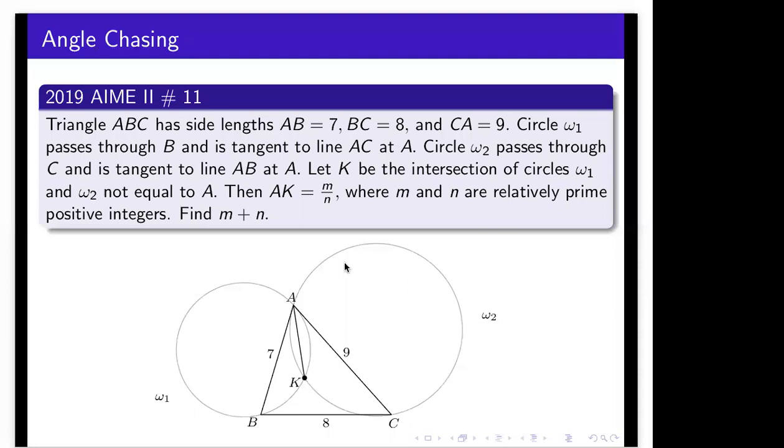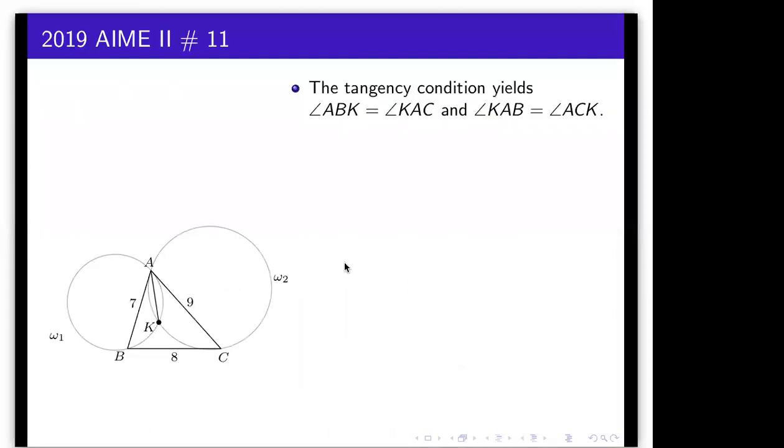Yeah, exactly. Because AC is tangent to omega 1, we have that angle ABK equals angle KAC because they both subtend the same arc. And similarly, because AB is tangent to omega 2, we have KAB equals ACK.